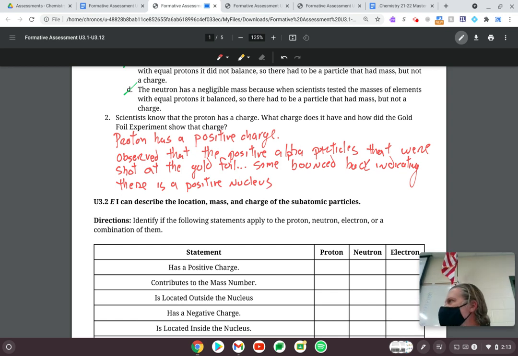Spelling is hard. So something about the alpha particles bouncing back, the alpha particles being repelled, something along those lines is what we're looking for.